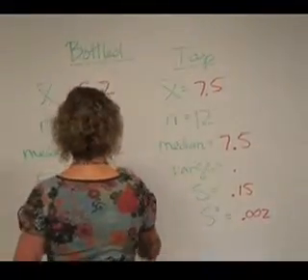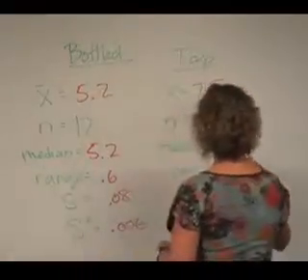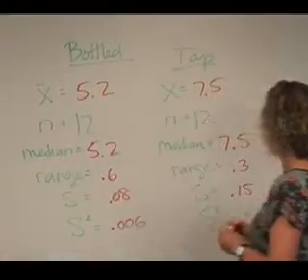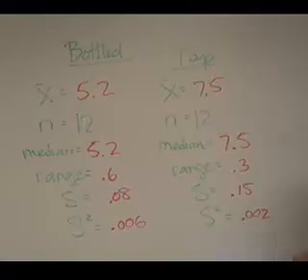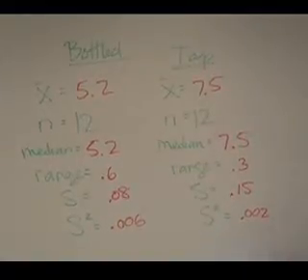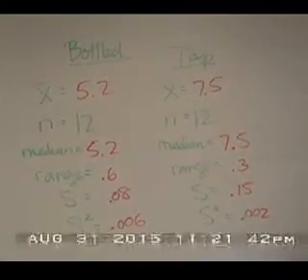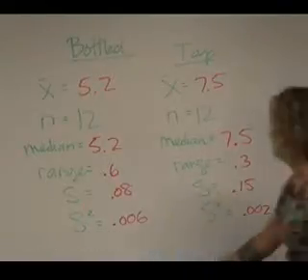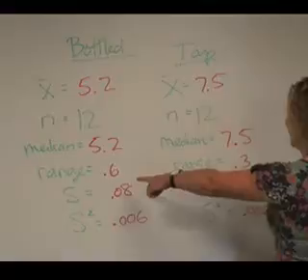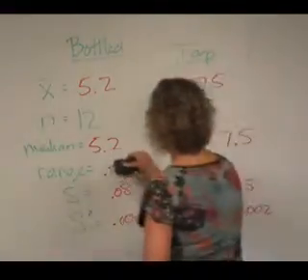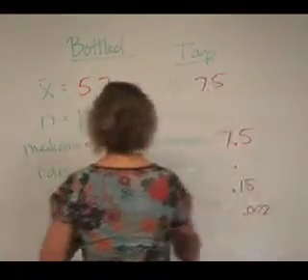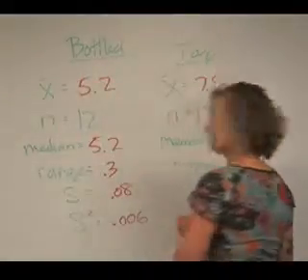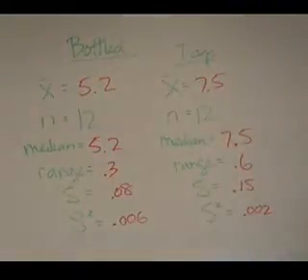Rounded, 0.3, because it's 0.26. The tap should be the 0.6. The range is 0.6? Okay, switch those. Is that right? I keep you guys on the ball.